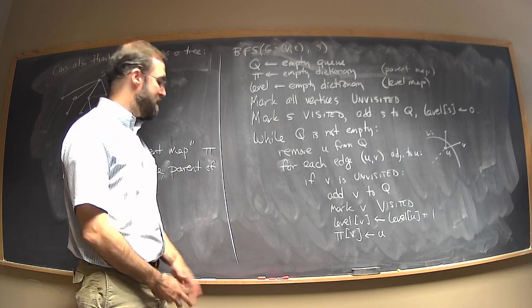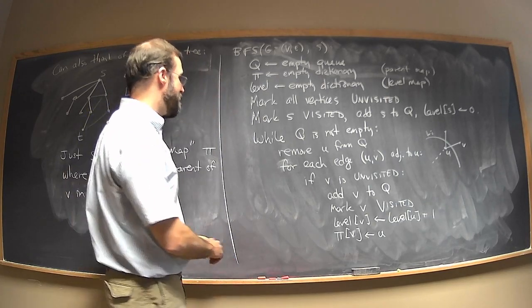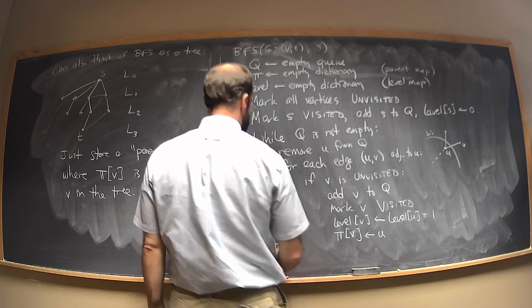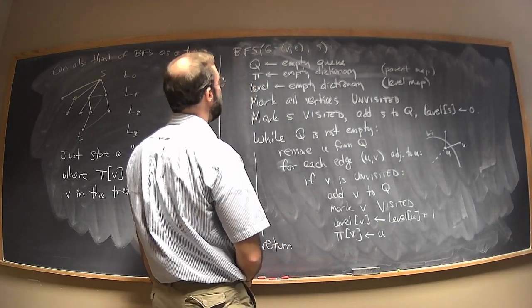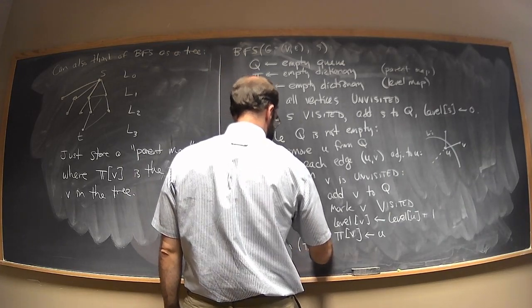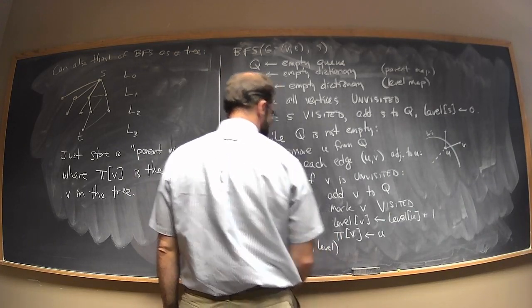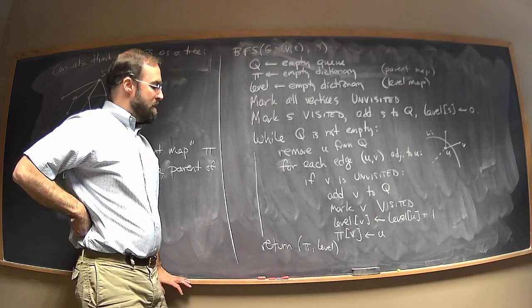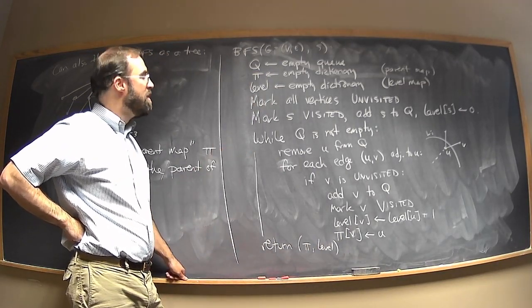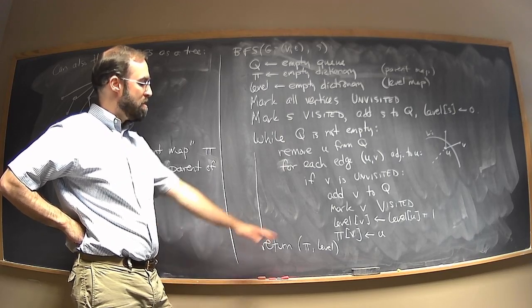At the very end, I'll say return pi and level. It's the information that we're getting out of doing the search. And we could use those to look up.